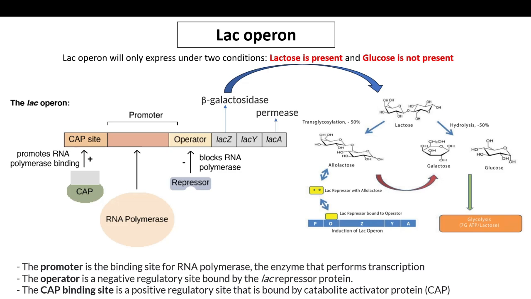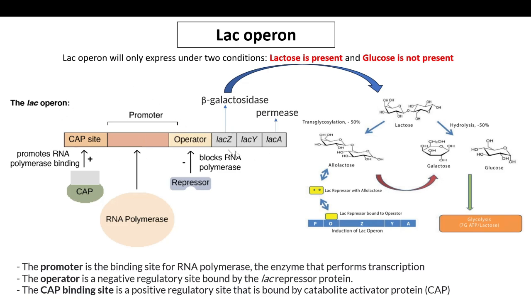Now what will they do? They have an operon where the different enzymes required for lactose metabolism are encoded, and that operon where these gene clusters are present is known as the lac operon. If you see here on the left-hand side, there are different sites in this lac operon.